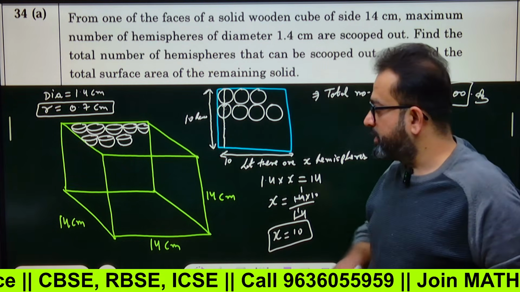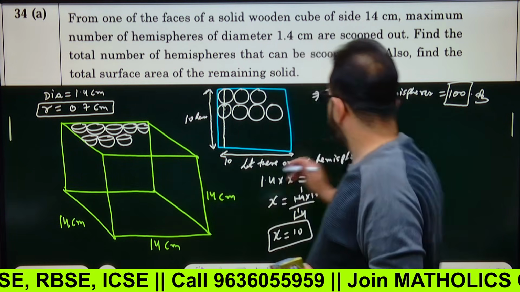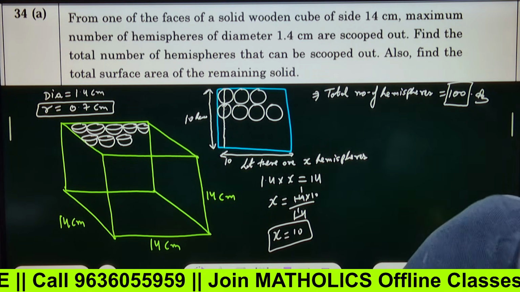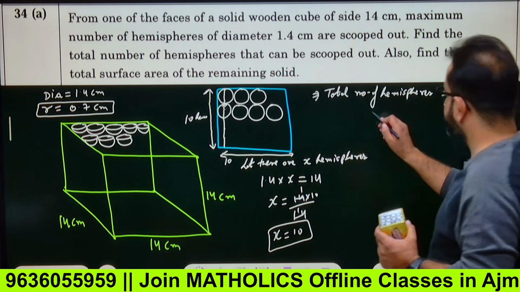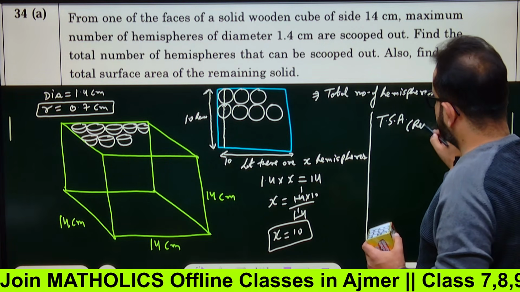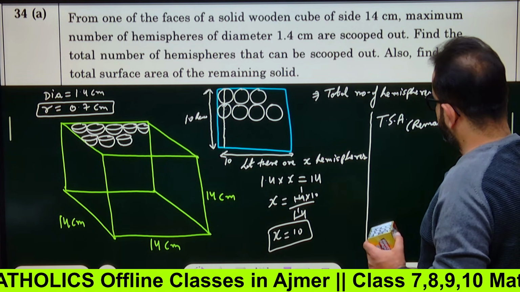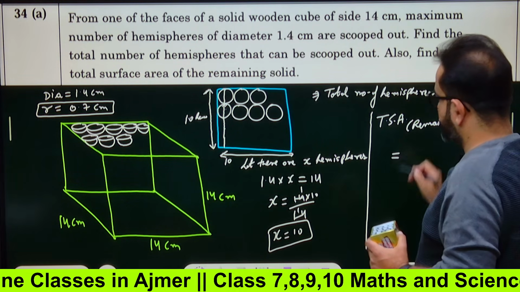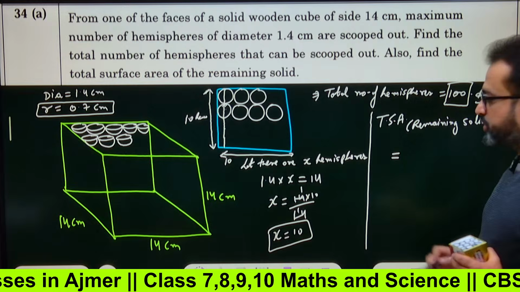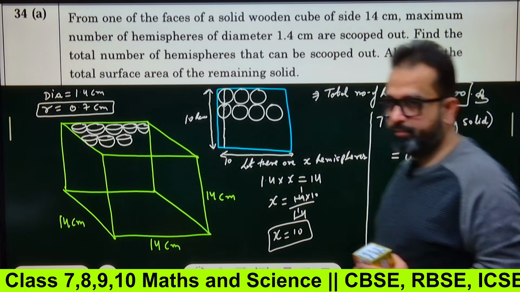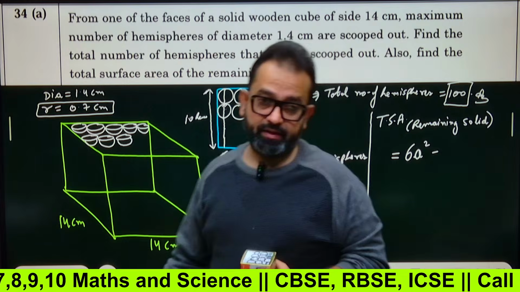Now for the total surface area of the remaining solid. First, the total surface area of the cube, that means 6 into a square, minus something, right?